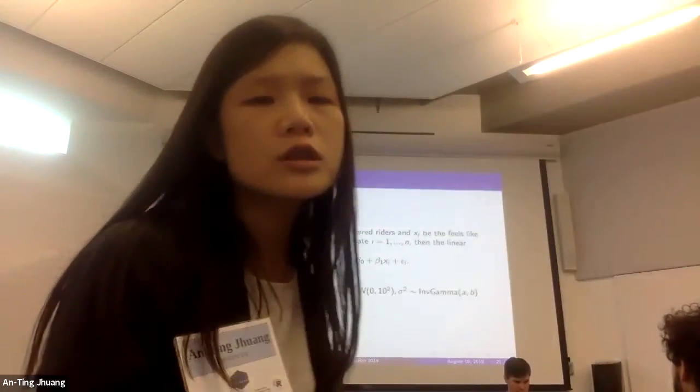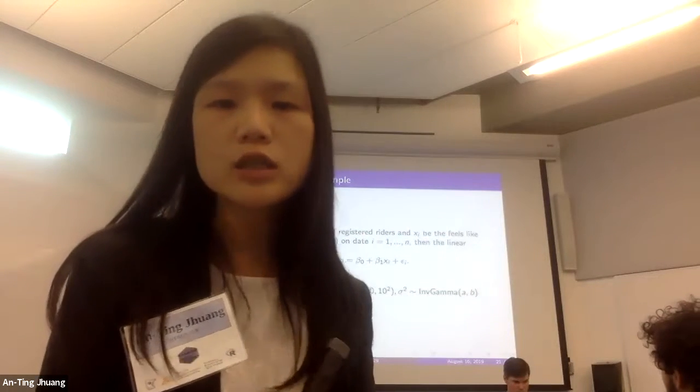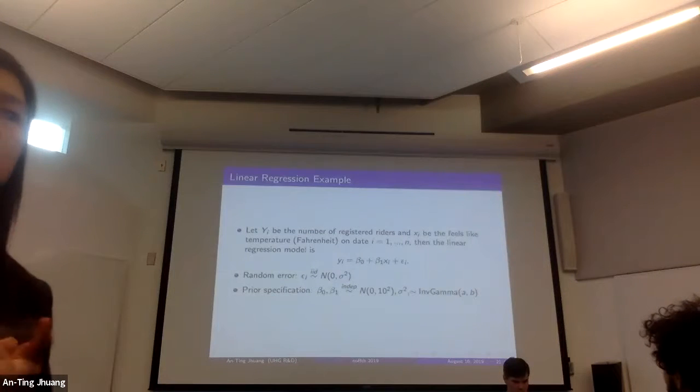All right. So here is just the model form, and the different piece is the prior specification. Usually we will specify a normal prior for the regression coefficient, and for the random error variance, we usually have an inverse gamma distribution.